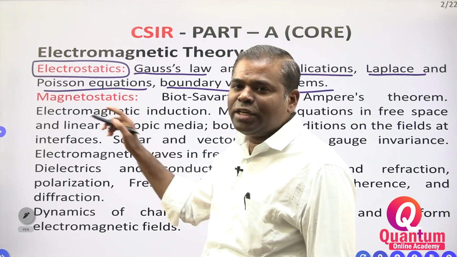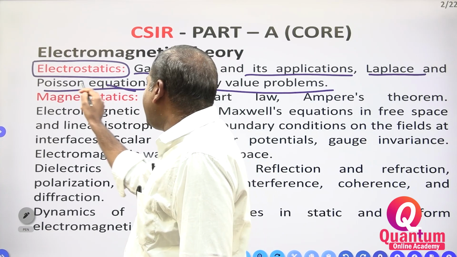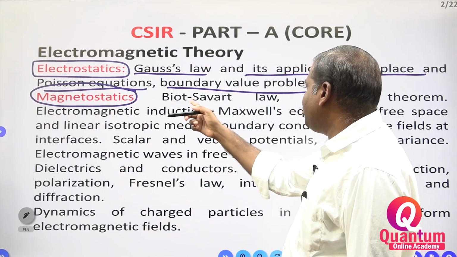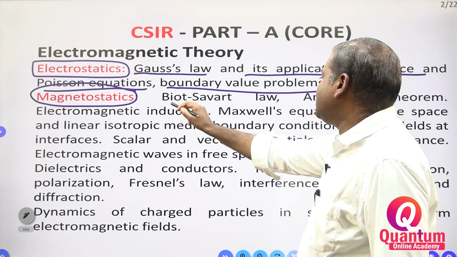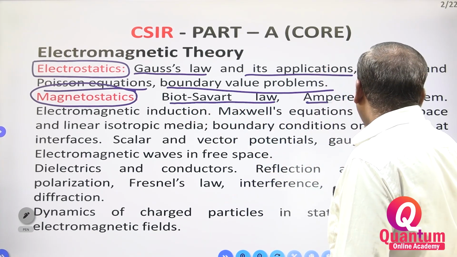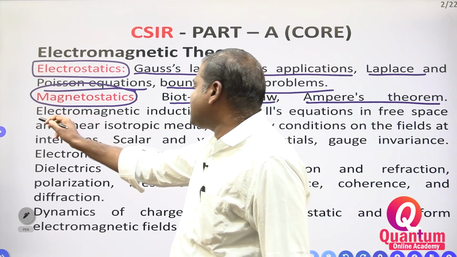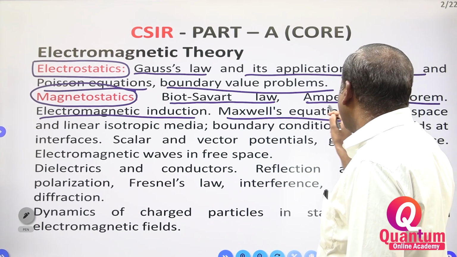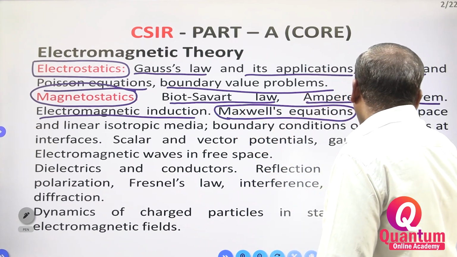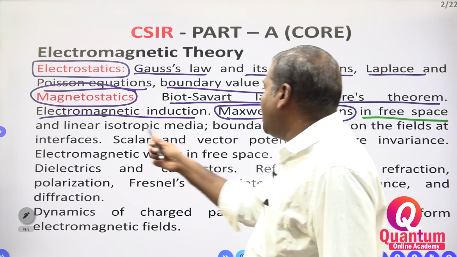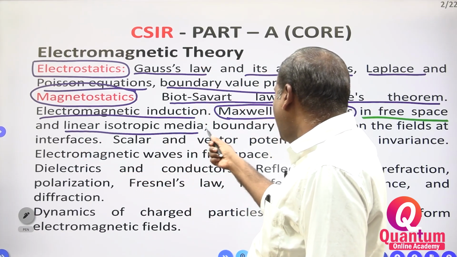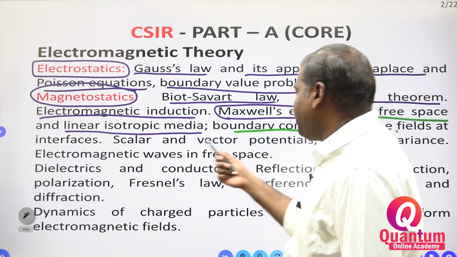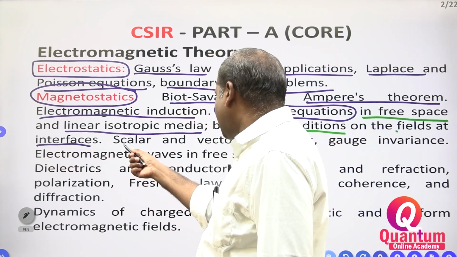Next, magnetostatics. What is the next part? The next part is magnetostatics. There, the Biot-Savart law. This is a very important law. Ampere's theorem, electromagnetic induction, Maxwell's equations. Now you have to see the Maxwell equations: free space, linear isotropic media, boundary conditions of the fields at interfaces, scalar and vector potential.